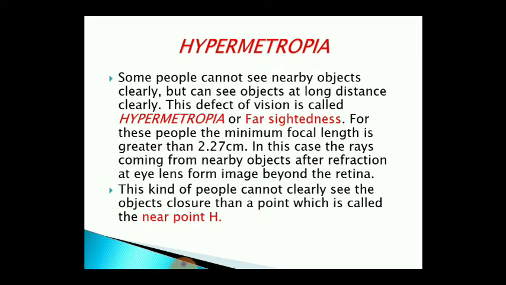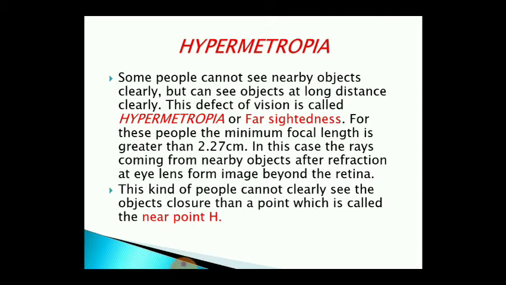Some people cannot see nearby objects clearly, but can see objects at long distance very clearly. Means they are able to see long distant objects clearly, but not nearby objects. This defect of vision, in which they are not able to see nearby objects clearly, is called hypermetropia or farsightedness.